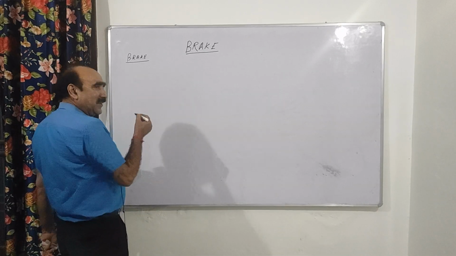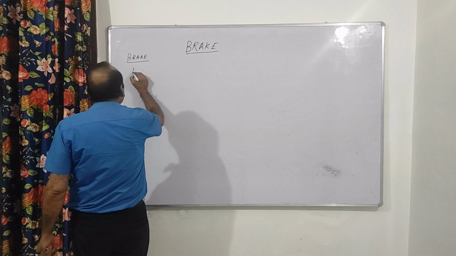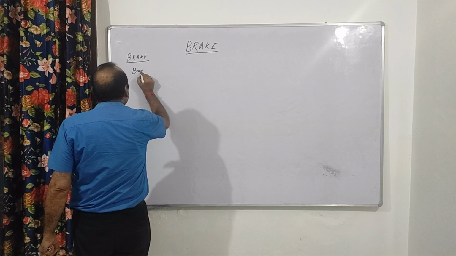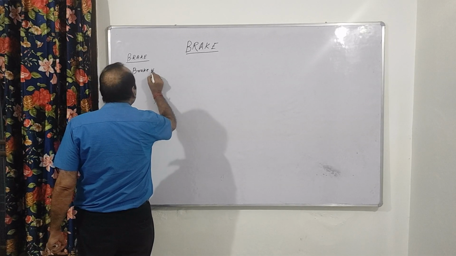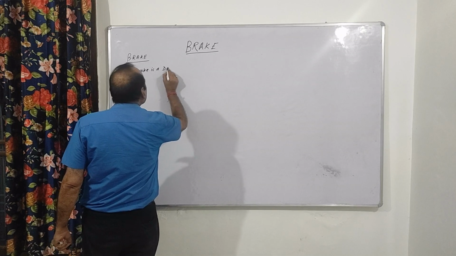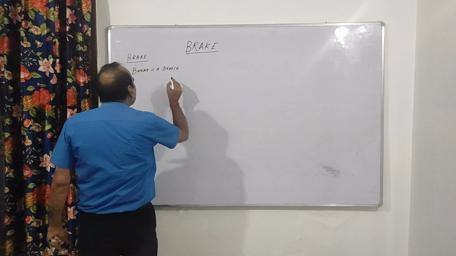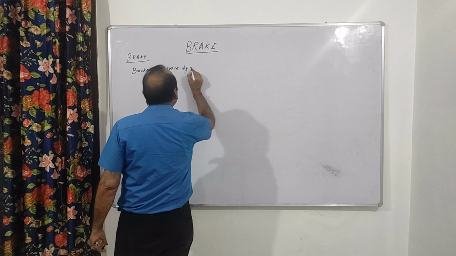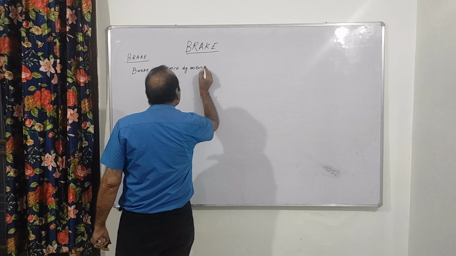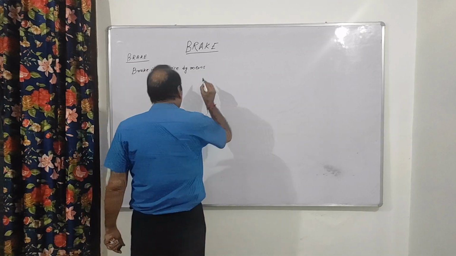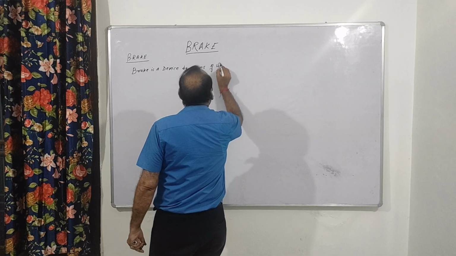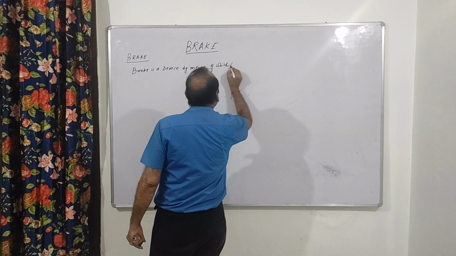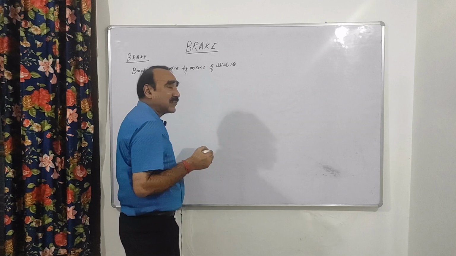So brake definition जो इसकी है, so brake is a device by means of which the frictional resistance is applied.